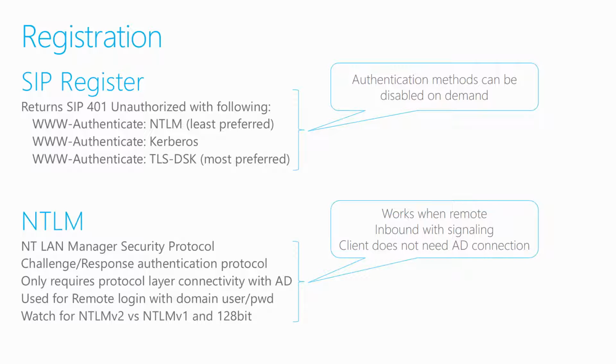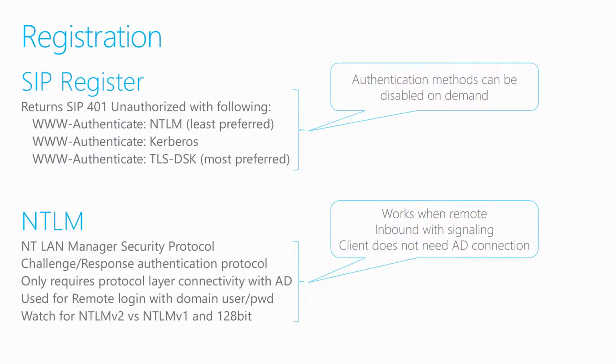They have no way of talking to this domain controller, so they need to have some kind of challenge response authentication protocol where they can authenticate via the Skype for Business server. So this is used for remote login with username and password.